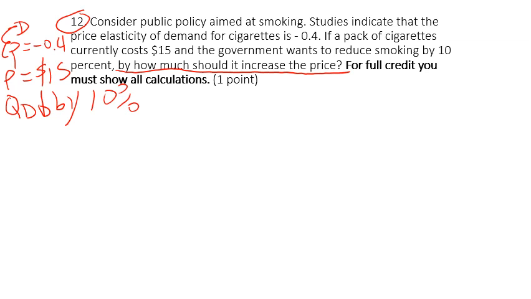The government wants to lower quantity demanded. So should the price go up or down? The price should go up, because there's a negative relationship between price and QD. So the government should increase the price. Well, the question is by how much? The way the question is stated, we don't want an actual price, we want the percentage change in the price.